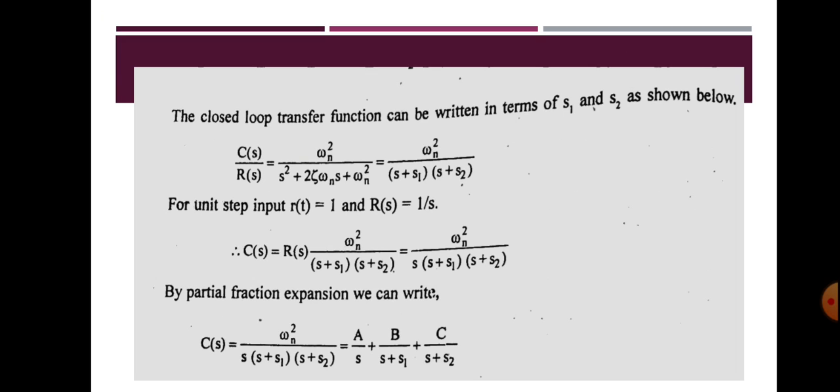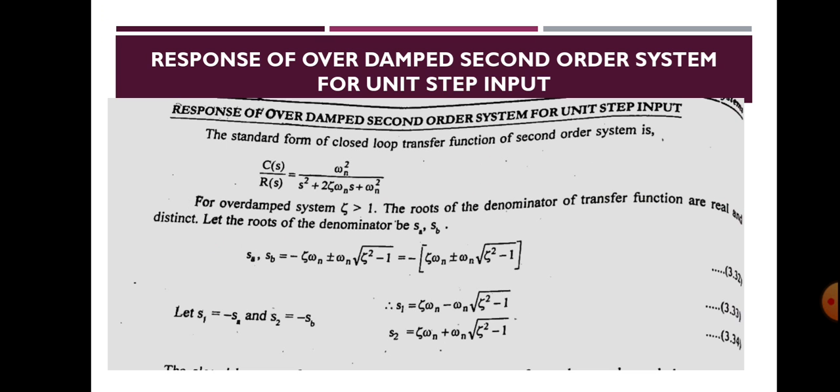Here the denominator is split like this, that means the roots are S1 and S2, so you can write the denominator in terms of S1 and S2. That is why we get C of S by R of S equal to omega n square by S plus S1 into S plus S2.